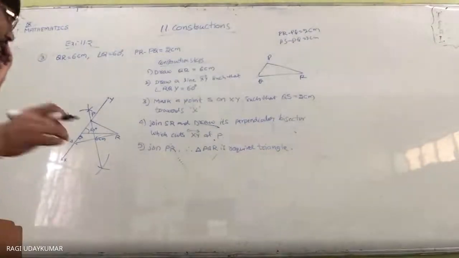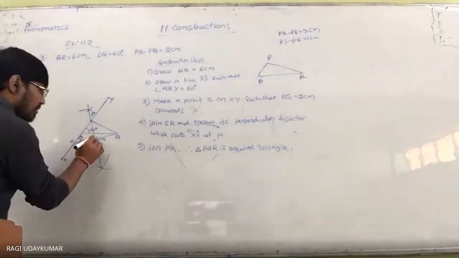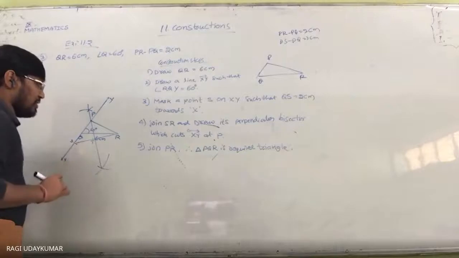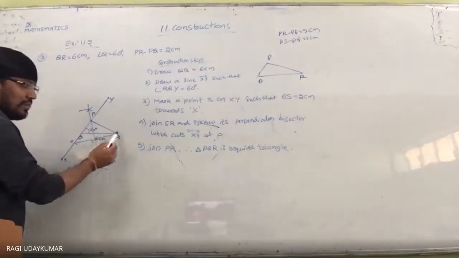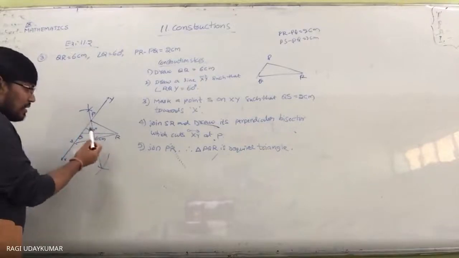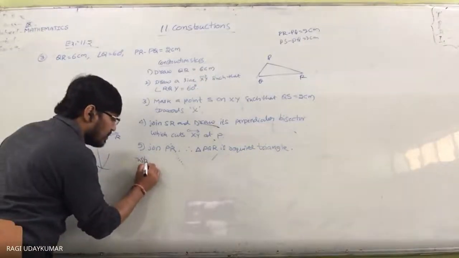Justification, same justification. So what is the justification? Here, consider this point as T. Triangle PTR, this one. Okay, in the justification what do you write here?